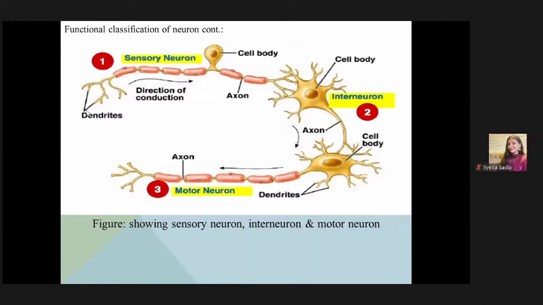Here we can see the nerve ending. And these nerve endings are formed by which process? Dendrites. What is the function of dendrites? To convey impulses towards the cell body. Very good.